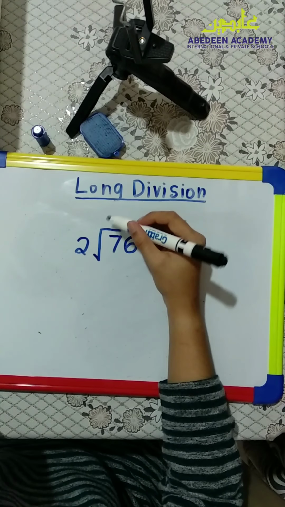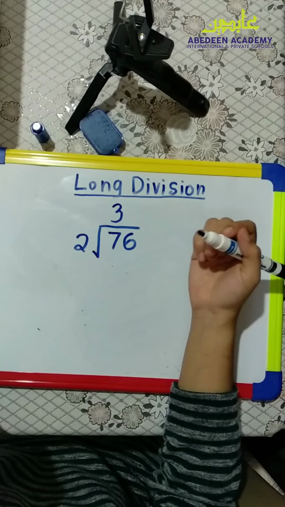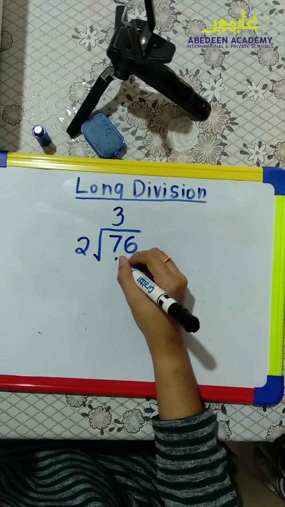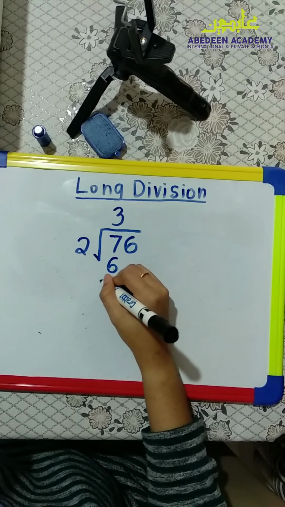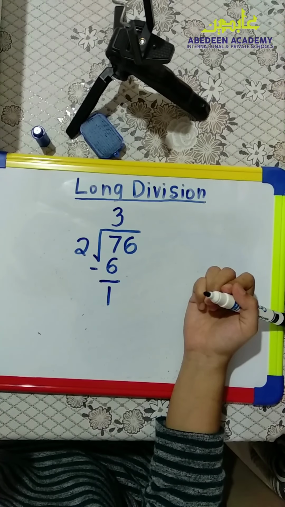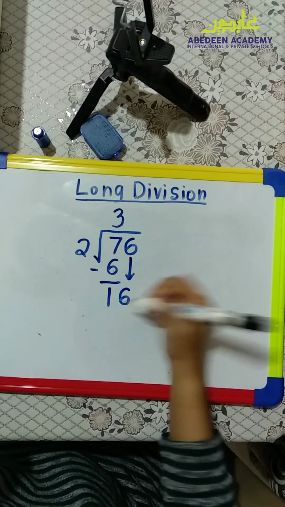Okay, so now 2 times 3. What is 2 times 3? 2, 4, 6. So the answer is 6. Before 7 is 6. So 7 minus 6 equals 1. Okay, now the 6 comes down, so it's going to be 16. Now it's easier for you.